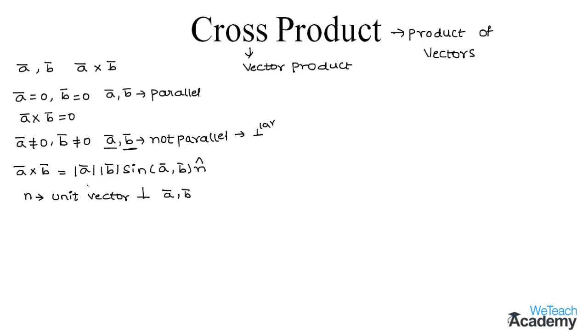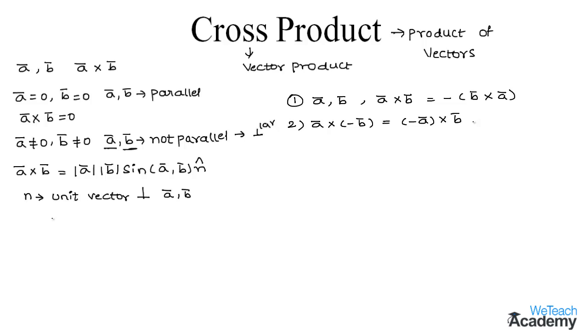Now let me introduce a few properties of cross product. The first property: if a bar and b bar are two vectors, then a bar cross b bar is equal to minus of b bar cross a bar. Next, a bar cross minus b bar is equal to minus a bar cross b bar, and its value will be equal to the minus of a bar cross b bar.